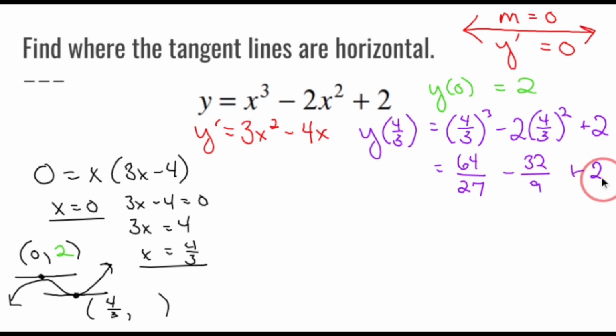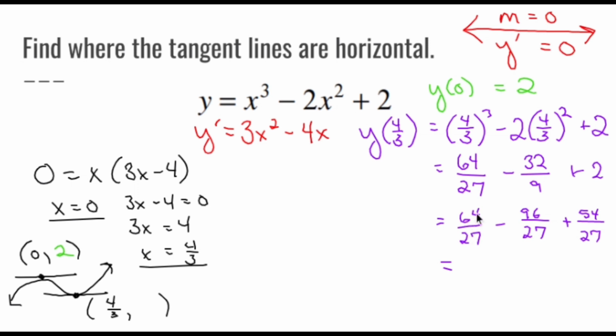Plus 2. Let's make all of these have denominators of 27 so that I can combine fractions without having to use a calculator. If I multiply the numerator and the denominator of this guy by 3, that gives me 96 over 27. And if I multiply this guy by 27 over 27, I get plus 54 over 27, and now I can combine all of these fractions.